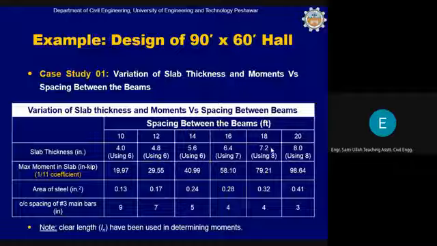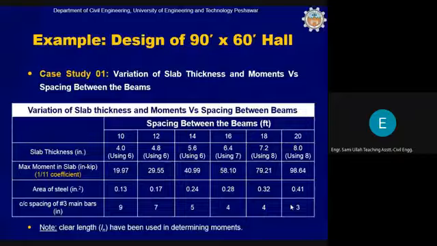Which means that increasing the spacing between the beams effectively increases the span of the slab, increasing the thickness of the slab and the reinforcement requirement in the slab. So the trend is like this: when you keep on increasing the spacing between the beams, the thickness of the slab will keep on increasing.